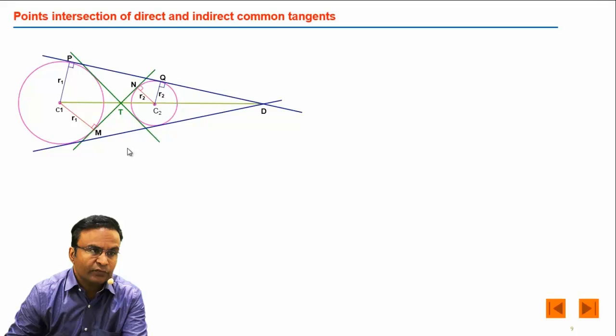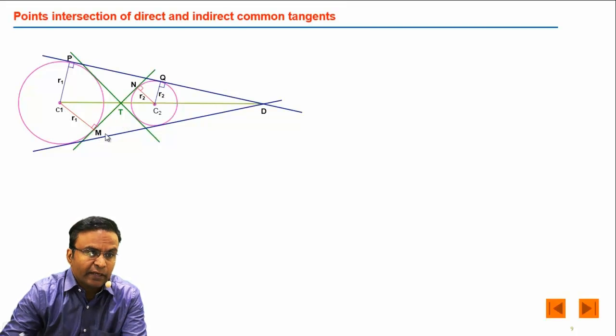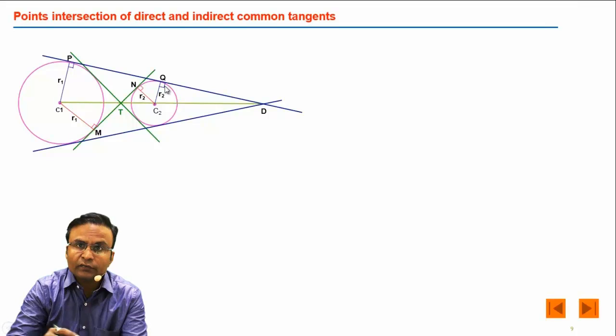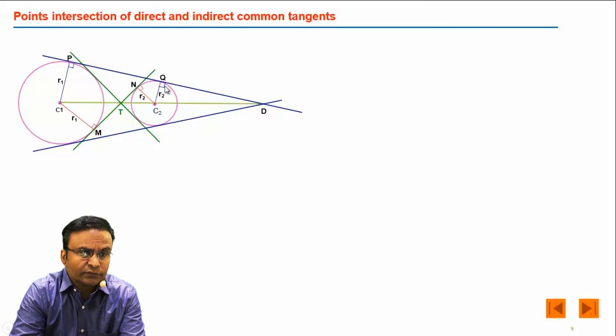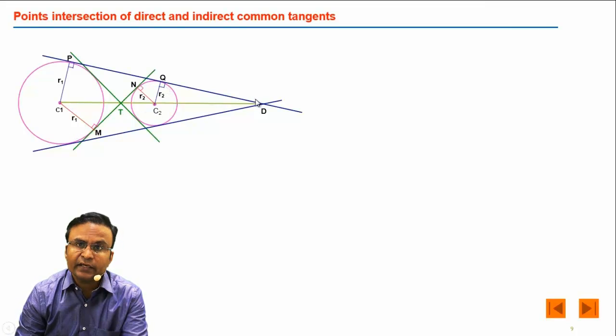In this diagram, we have drawn perpendiculars to the direct and indirect common tangents, the feet of the perpendiculars being M, N, P and Q. Now we need to find points T and D. From the symmetry of the circles, we can check that points C1, T, C2 and D are collinear.